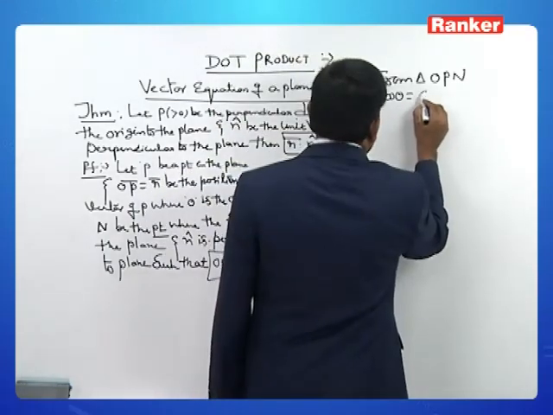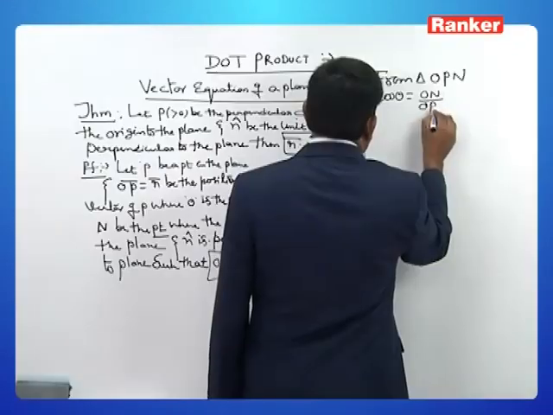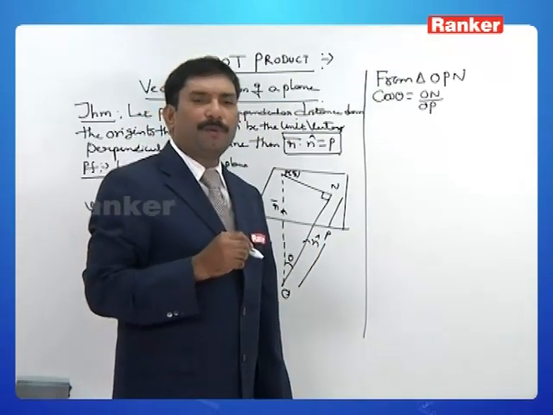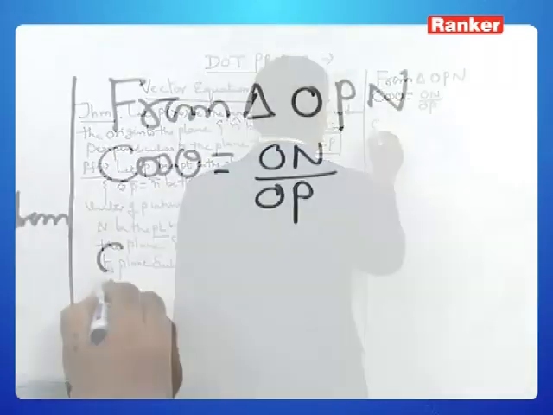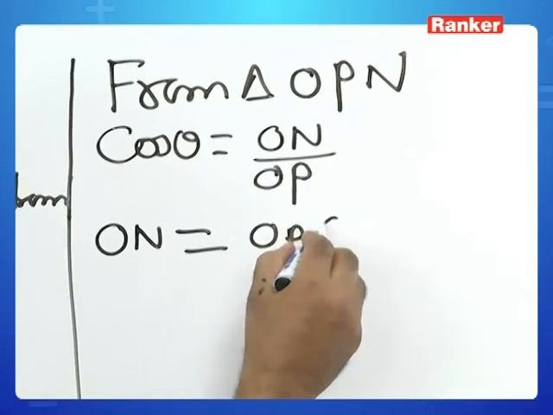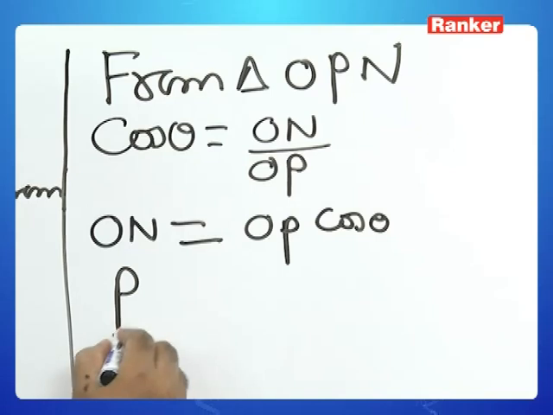Cos theta is equal to adjacent side by hypotenuse, ON by OP. Therefore, ON is nothing but OP into cos theta.